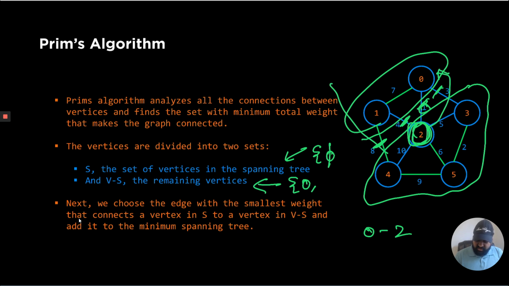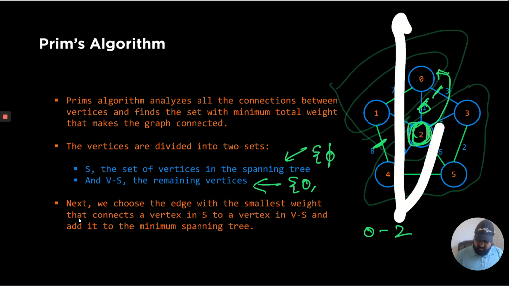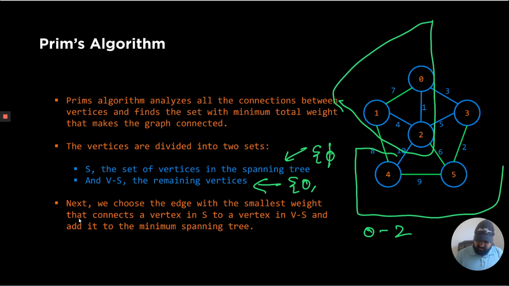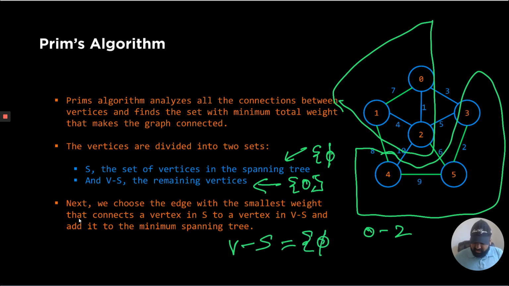So after our choice, our new set would look something like this, and now our cut will be something like this. This is one set and this one is another. We are going to see a worked example soon, and you're going to realize how this works. But typically, we just do this till all the vertices have been computed, or V minus S is equal to null, an empty set.